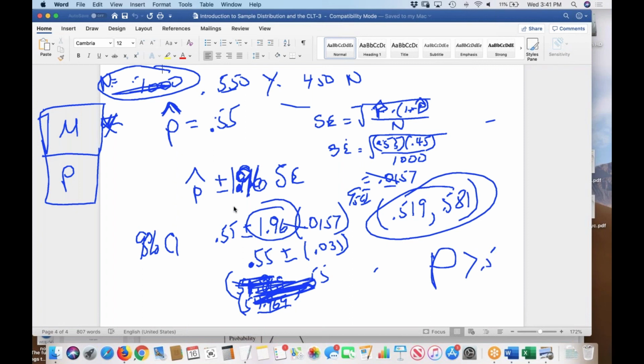Now, what if our standard error was such that it came out to 0.49, comma, and 0.58? Can I be 95% sure it's not 0.5? Not anymore, because it could be 0.5, because that's in my confidence interval, right? So I can kind of use this to make a judgment.